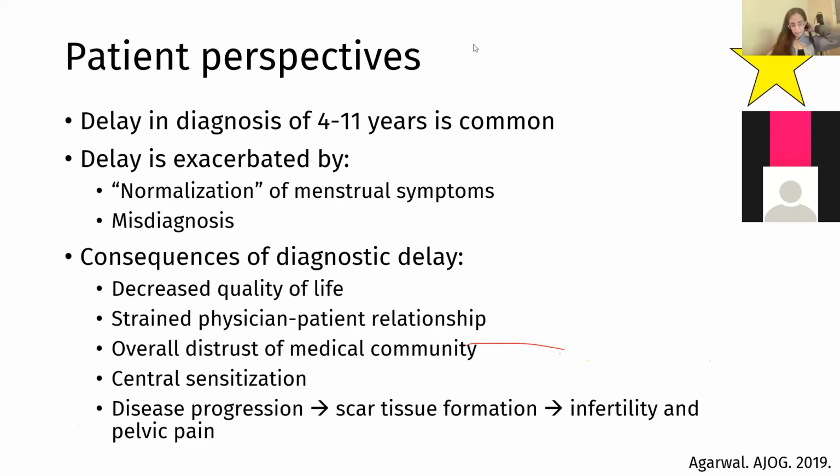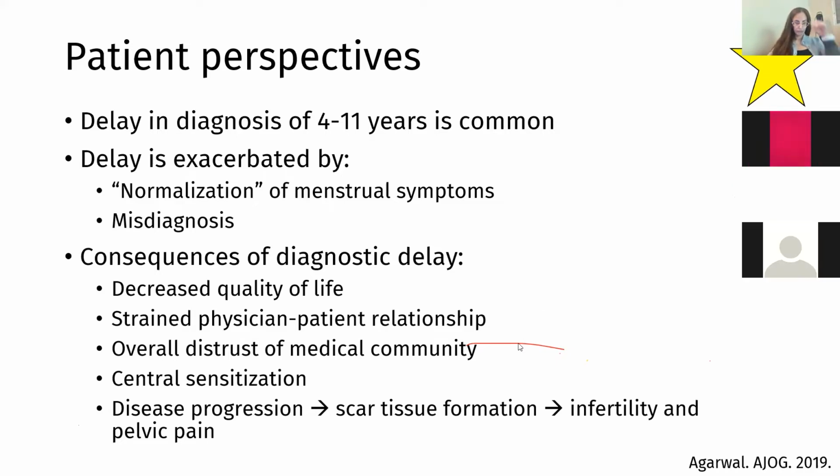You know, relatives might say things like, yeah, well, this is what I had to deal with. So unfortunately, you have to deal with it too. I see a lot of patients who have a lot of coexisting diagnoses that may be almost masquerading as endometriosis. So a lot of patients come in with diagnoses related to their bowels or related to their bladder. And so those are several reasons why the delay might be exacerbated.